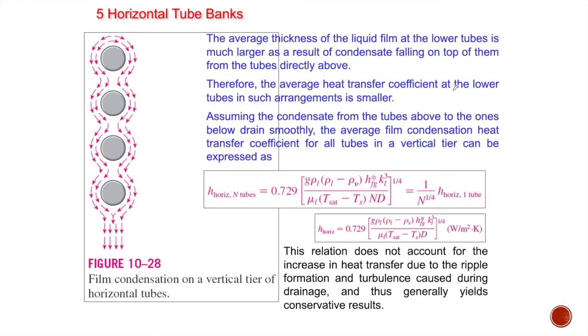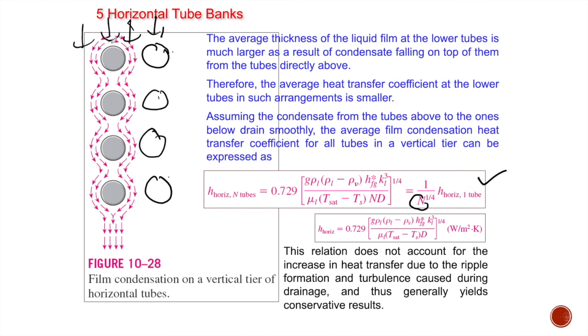For the horizontal tube banks, you will use this equation. N here is the number of tubes in a row. For example, you have this type of arrangement, where the liquid will flow from top to bottom.